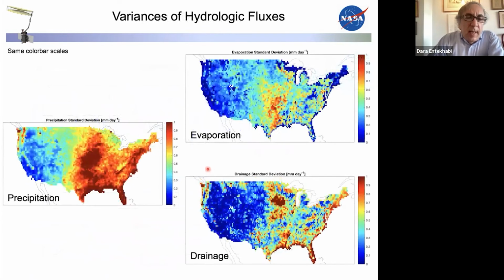And I just end this with, now that we have 1948 to 2018 maps of evaporation and drainage, we look at the variance of these over the years. So this is the forcing variance, precipitation, over those decades. This is the variance in evaporation. This is variance in drainage.